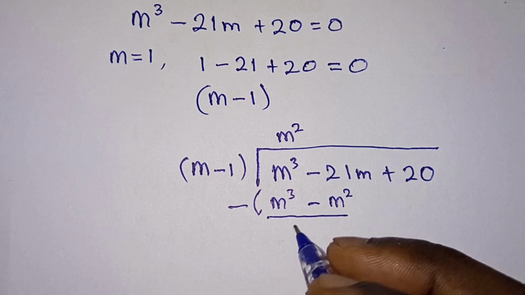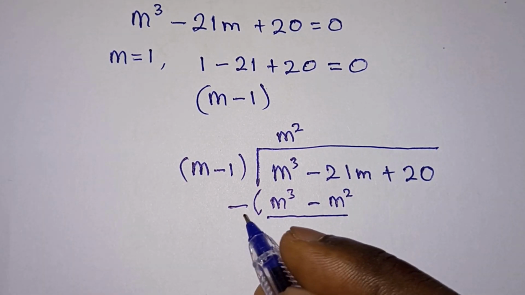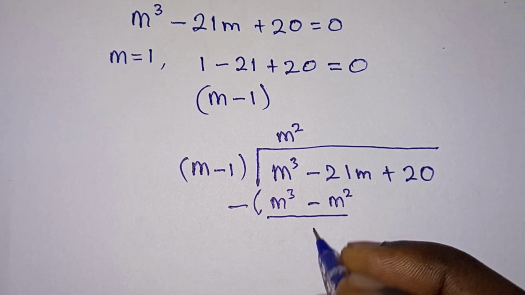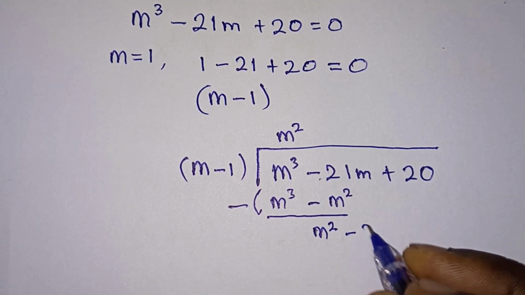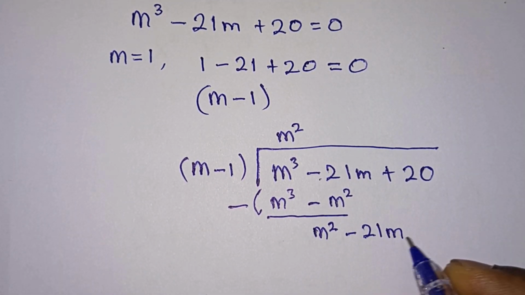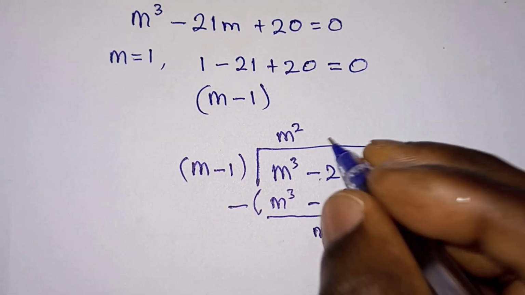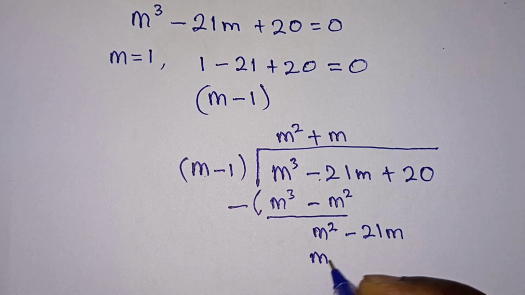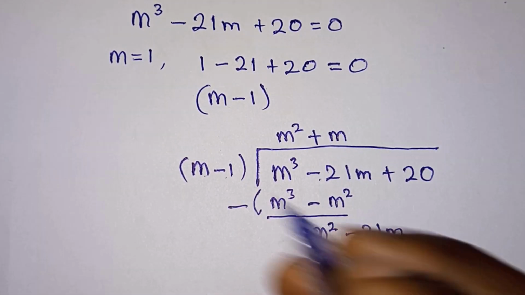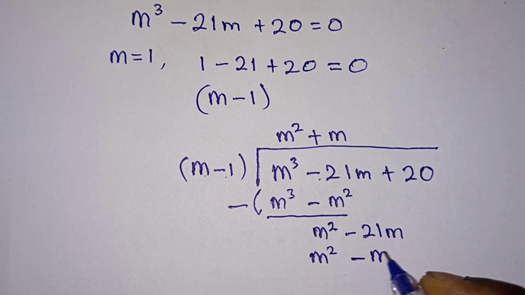This minus this one, we will get 0. Then minus 1 minus m squared, we will get positive m squared. Then we will bring down this negative 21m. This divided by this, we will get plus m. This times this, we will get m squared. Then this times this one, we will get minus m.